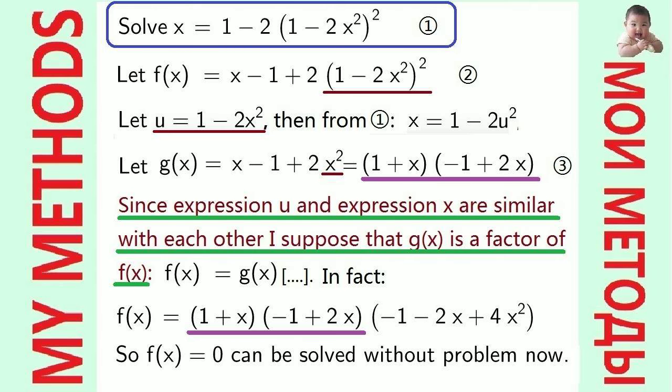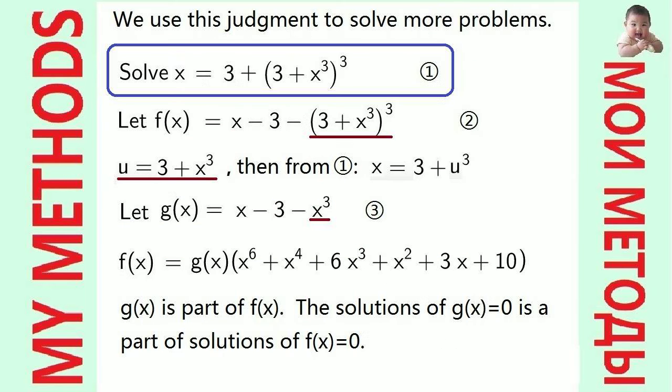Okay, let me give you another example. Suppose we have x equals 3 plus x cubed, then the whole thing cubed again. We use the same method to solve it.